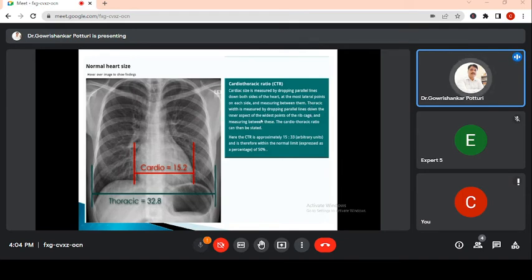Thoracic width is measured by dropping parallel lines onto the widest points of the rib cage and then measuring. So the cardiothoracic ratio can be stated. Here it is 15:33 and is therefore within the normal limit, that is 50%.